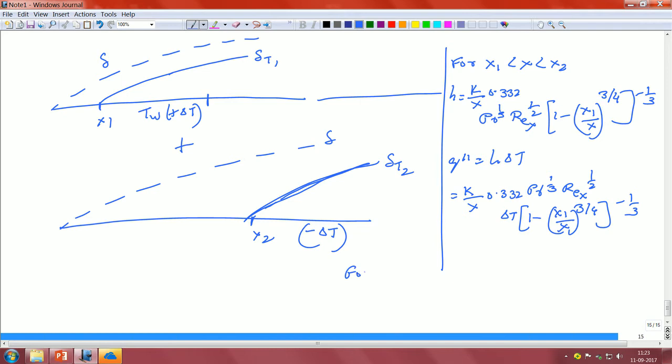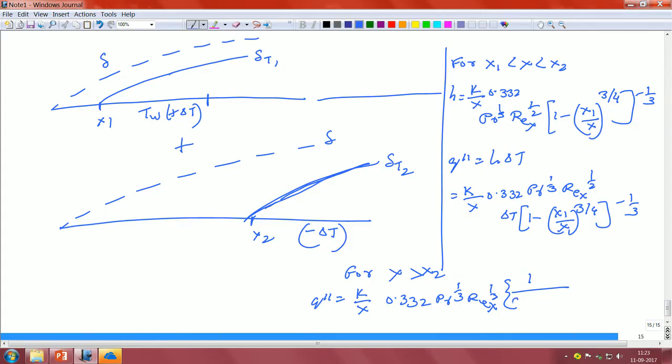For x greater than x2, your q double prime becomes k by x 0.332, again Prandtl number 1/3, Reynolds number half. Now it becomes a little more complicated, because you have the effect of the previous one as well as this minus delta T effect.